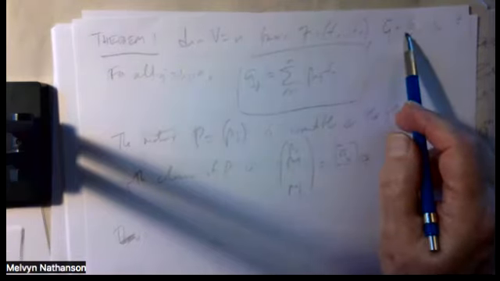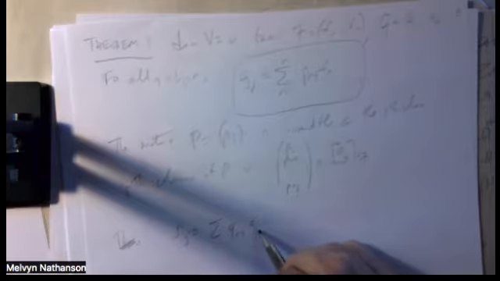And since these are both bases, we can also write each vector Fj as a linear combination of the vectors in G. So we can write each vector Fj as the summation of Qij G sub i, i goes from 1 up to n.